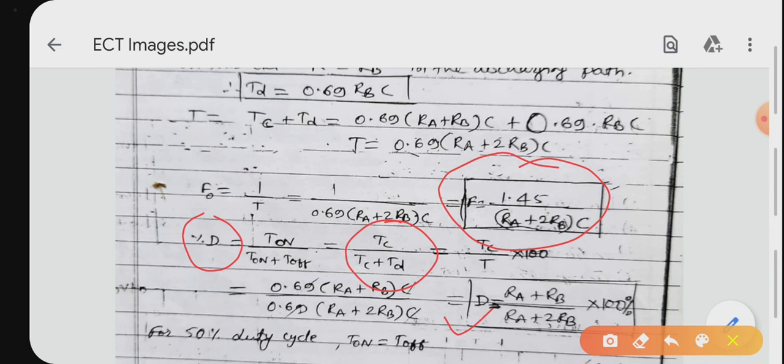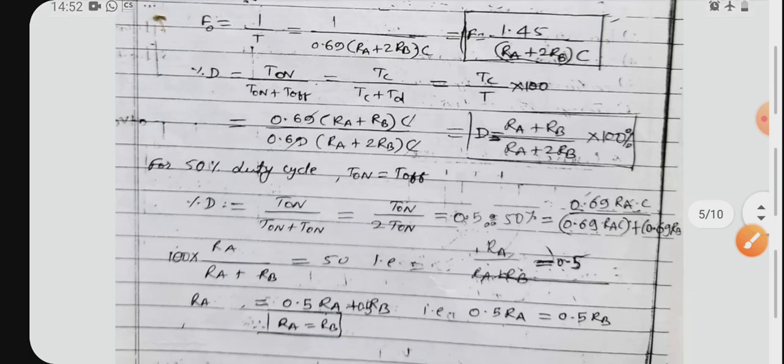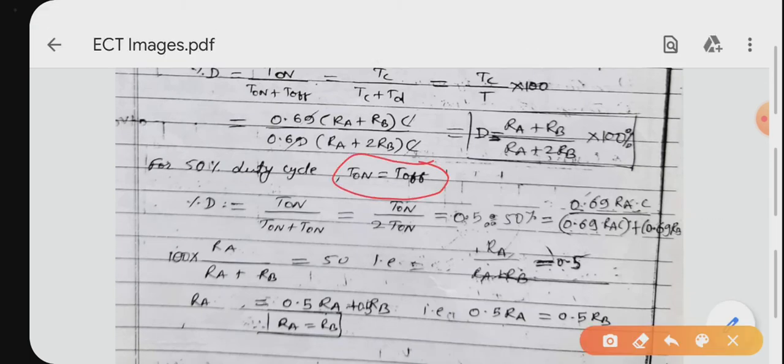If the duty cycle is 50%, what does 50% mean? On time is exactly equal to off time, meaning for 0 and 1 the time is equal. 50% duty cycle means this on time is equal to this off time.